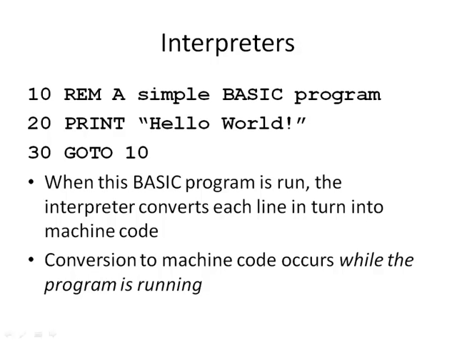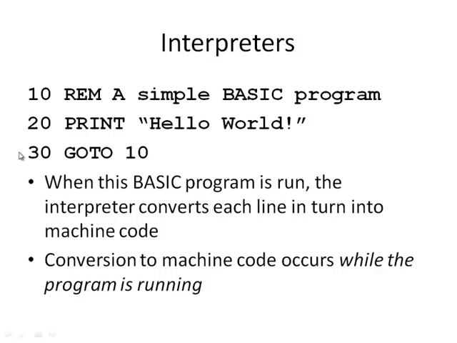What this means is that each line is converted from source code to machine code every time that program line is encountered as the program runs. So it'll convert line 10, actually it'll skip line 10 because it's a comment, it's a remark. It will then convert line 20 into machine code, and it will do that operation, it will print out hello world.